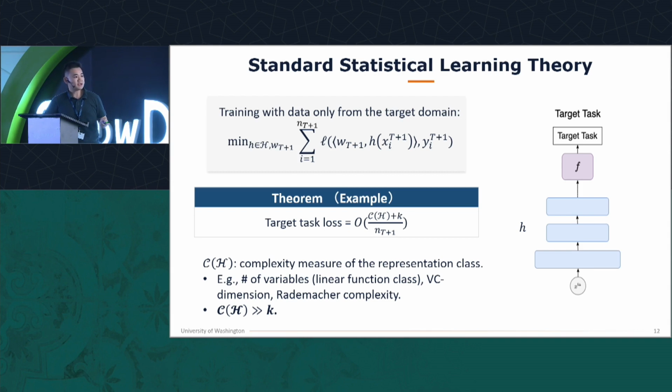And then, because I have a k-dimensional linear predictor, you also have a K term here. Generally speaking, C(H) is much bigger than K because usually we use a very complicated neural network as the representation, but you only use a linear predictor for your predictor-specific layer. So this is what we know; supervised learning is well studied.